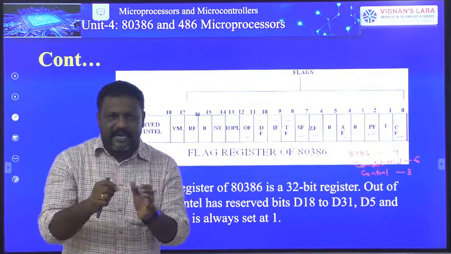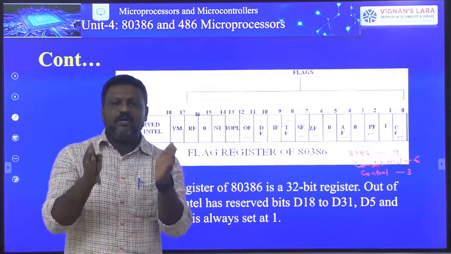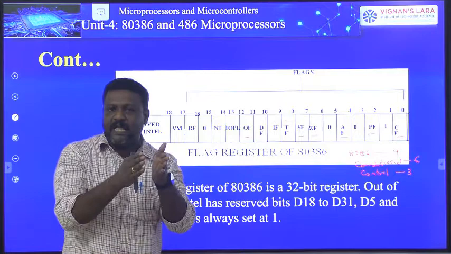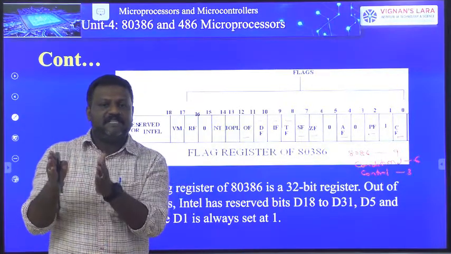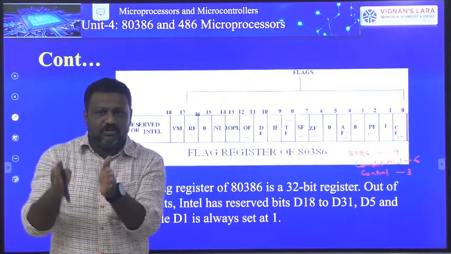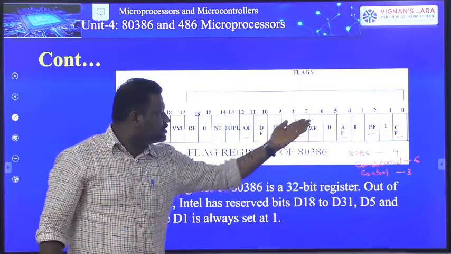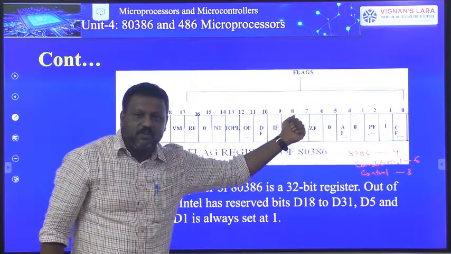The auxiliary carry is set to 1 once the carry is transferred from bit position D3 to D4. That is one case for setting the auxiliary carry equal to 1.